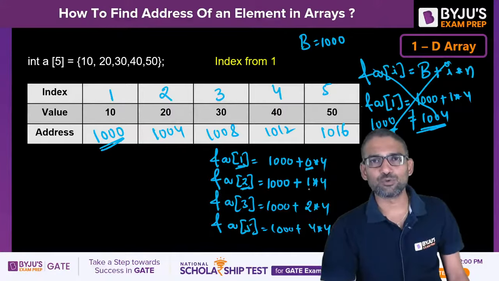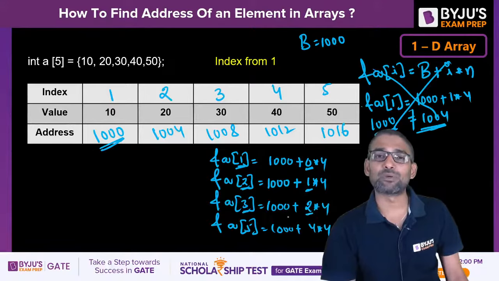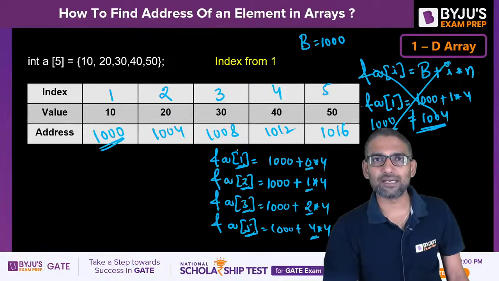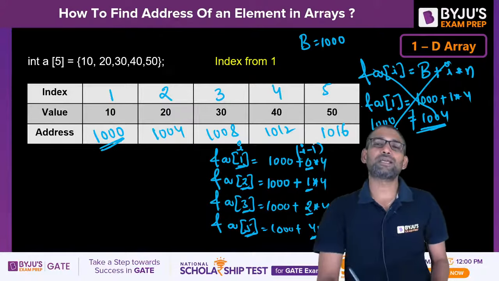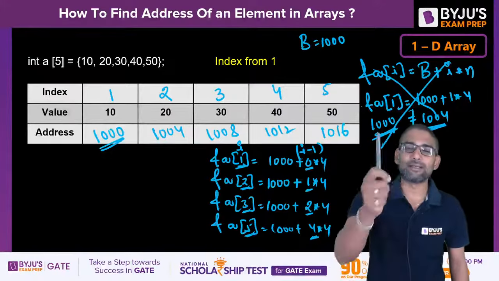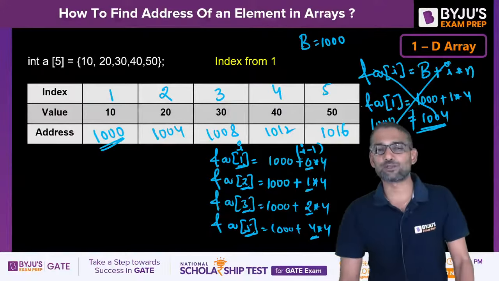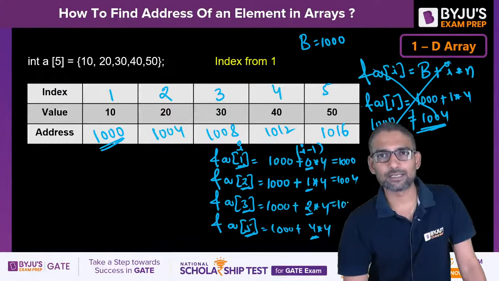Index 2, I am having 1. Index 3, multiplying with 2. Index 5, multiplying with 4. So if I am having index as I, with what do I multiply? Not with I, with I minus 1. Now you keep I minus 1 when you are multiplying instead of I. Now you are getting the actual correct addresses 1000, 1004, 1008, 1016, right?